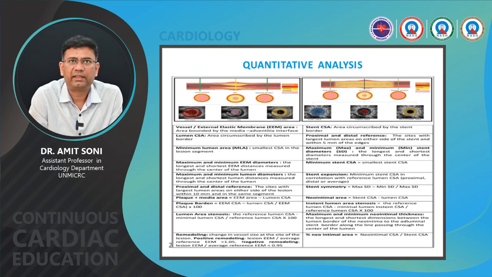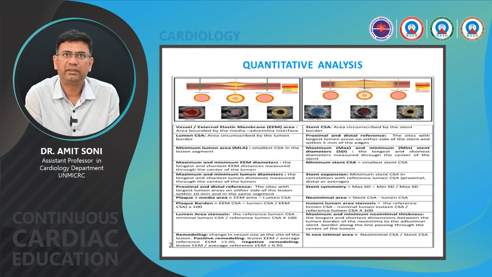In a post-PCI scenario, with OCT we can assess the stent cross-sectional area circumscribed by the stent borders. Proximal and distal reference are the sites with the largest lumen area on either side of the stent, within 5 millimeters of the edges. Maximum and minimum stent diameter are the longest and shortest diameter measured through the center of the stent.